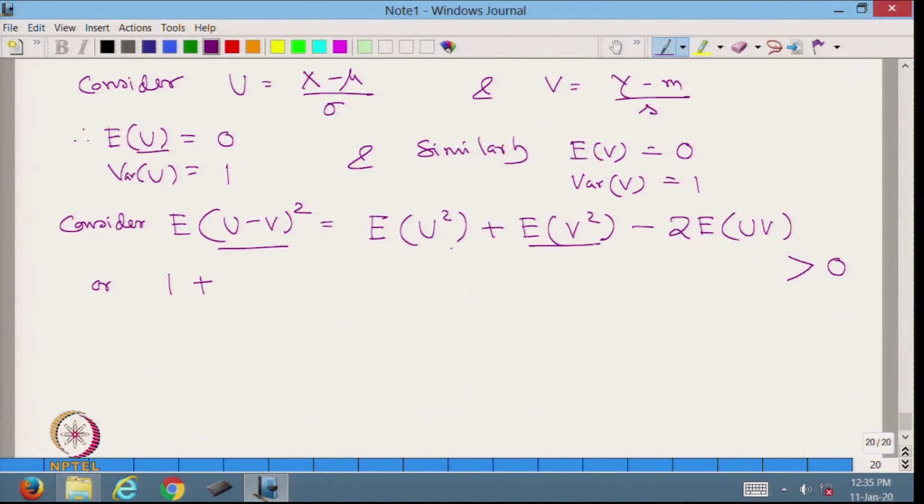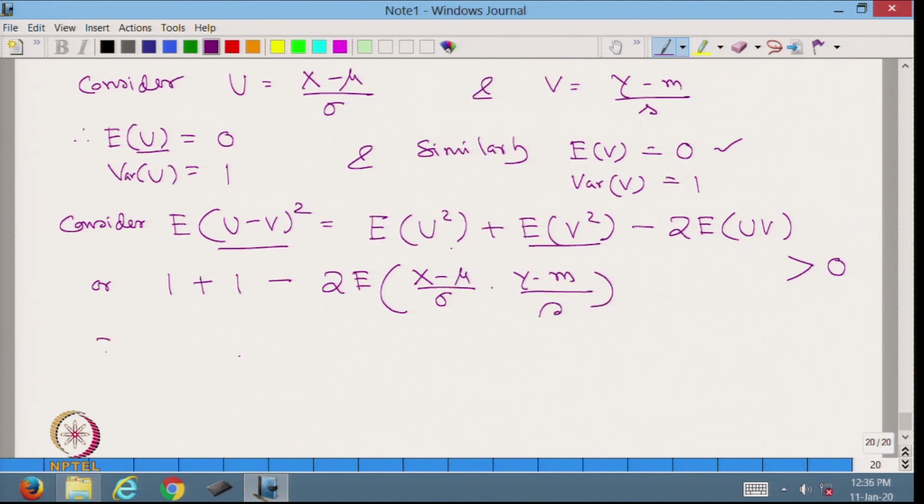In a similar way, expected value of v square is equal to 1, because expected value of v is equal to 0, minus 2 times expectation of x minus mu by sigma into y minus m upon s.